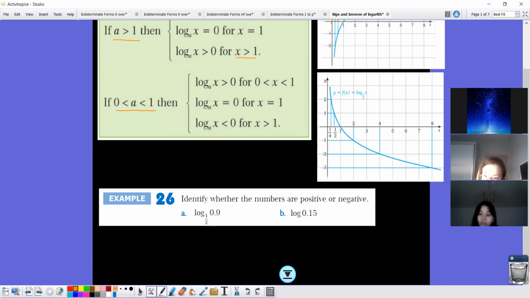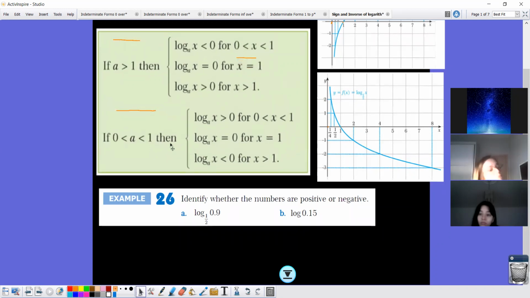Which case is it, first one or second one, according to this, given that your base is 1 over 2? The second one. It is less than 1, teacher. The second one. This a is between 0 and 1. Yes, because it's 1 over 2, 0.5. Then I will check the argument 0.9, and this one is between 0 and 1 here. Yes, because of that, this logarithm will be positive.